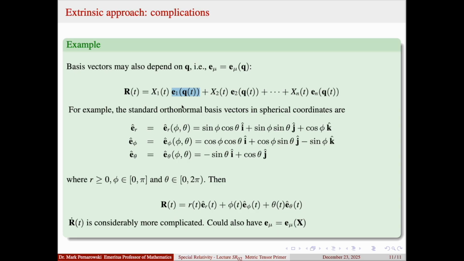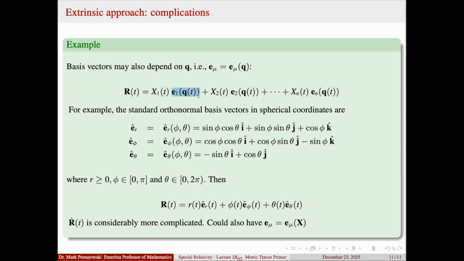This example is given in spherical coordinates. Here is a right-handed coordinate system for spherical coordinates, for being on a sphere, and this is given in typical calculus books. If I have to differentiate this R of t now, I'm going to have a derivative in the x1 term here, but I also have a derivative of these vectors in time.